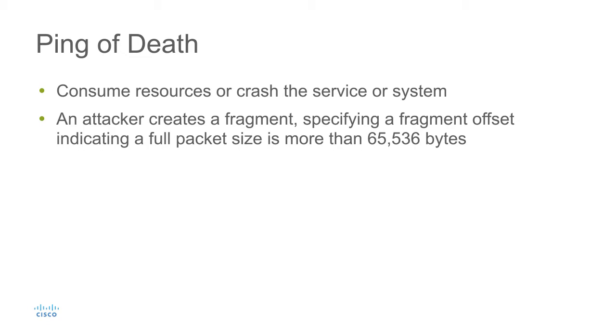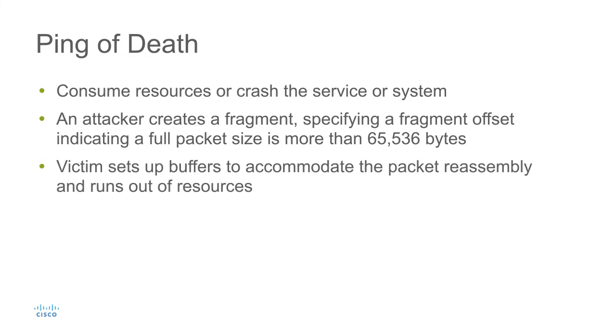So whenever a vulnerable machine gets this type of fragment, it tries to set up buffers to accommodate that packet size, and then all of a sudden it's got no more resources left because it's allocated all this buffer space to a packet that has that fragment offset set to a large size, but it's really not that big.